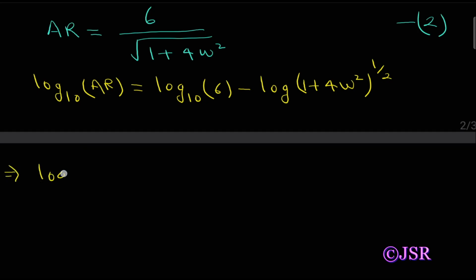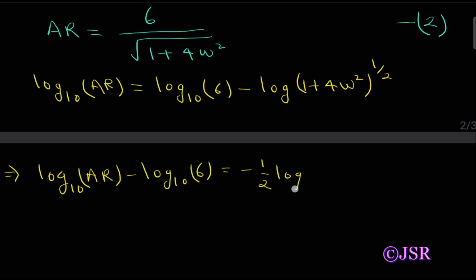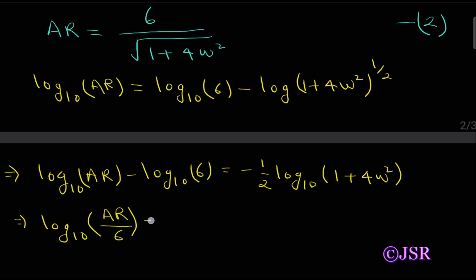So log 10 AR minus log 10 6 will be equal to minus half log 10 of 1 plus 4 omega square, and this will be equal to log 10 of AR upon 6 minus half log 10 of 1 plus 4 omega square.